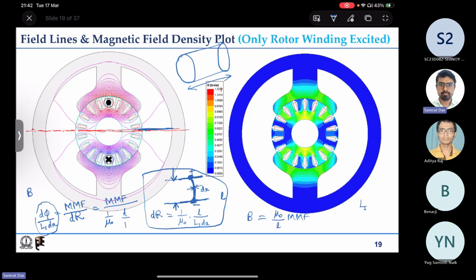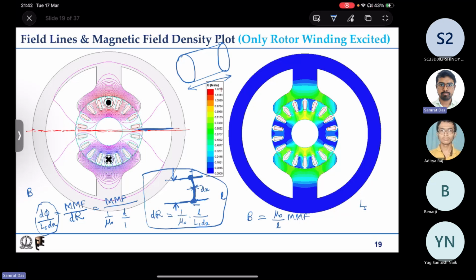The more mathematical approach to reach this will be applying Ampere's law. So assume that this is part of a contour. So H dot dl equals the mmf.